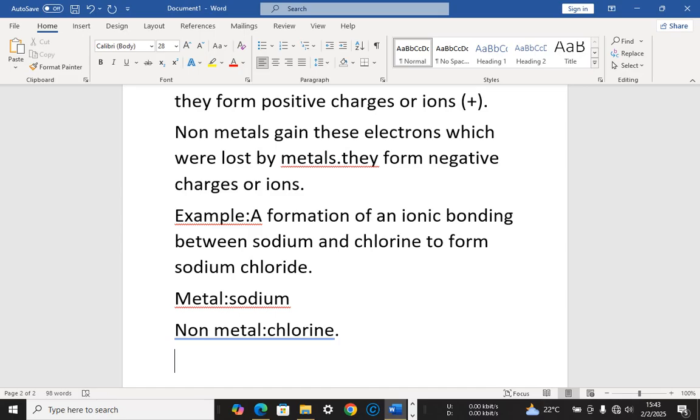Now, as I told you in one of my videos, and I also put a link in my description, metals, when they lose their electrons, form positive ions, and non-metals form negative ions. Now, what we are going to see is sodium reacting with chlorine, and how the ions are exchanged there. Here you will need to know their valences.